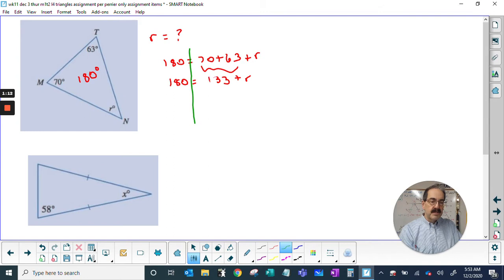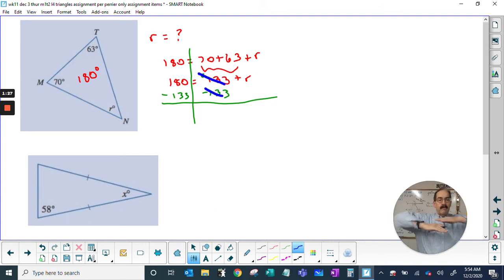The opposite of a plus 133 is a minus 133, so we subtract from both sides. We win the battle because we got rid of it. That was our goal. Remember, everything is to keep it balanced. I'm an equal sign, so if I subtract 133 from one side, I have to do it to the other. So we get 47 equals R. Just grab a calculator for that piece.